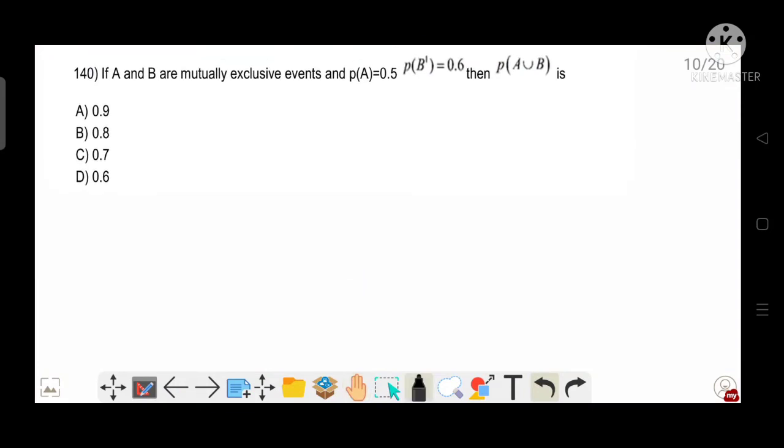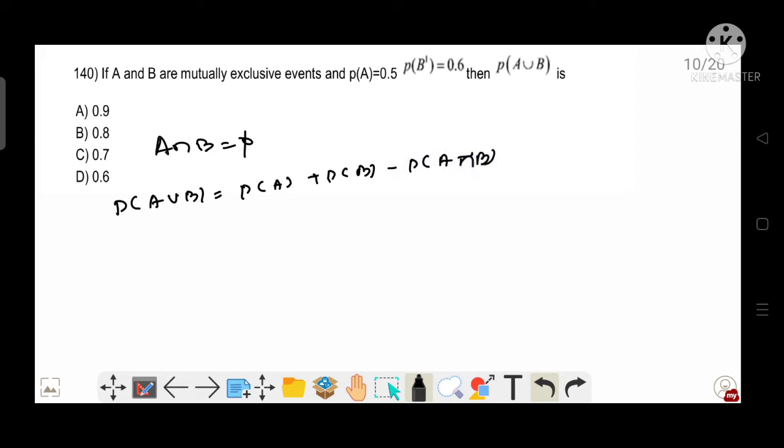If A and B are mutually exclusive, which means there is no intersection, so A intersection B equals 0, and the probability of A union B is probability of A plus probability of B minus probability of A intersection B, which is 0, so it will be probability of A plus probability of B, isn't it?